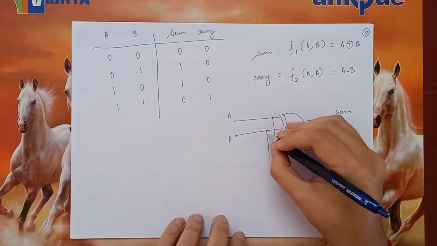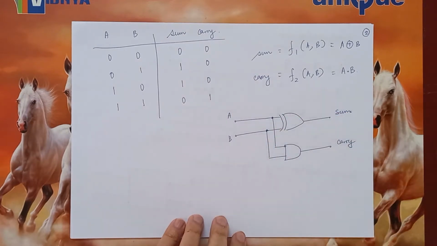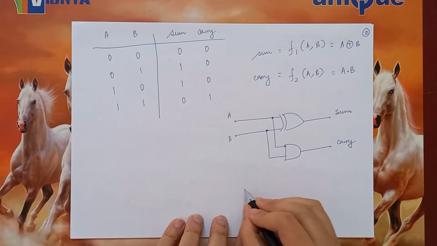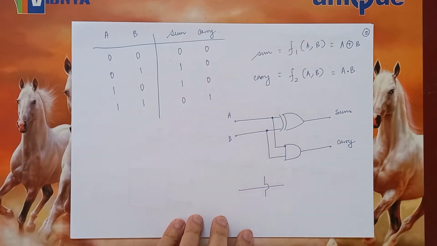One thing to note here is that since I have used dots, these dots indicate connections, and two lines passing over each other, they don't indicate any connection. You can use dots like this. The other way to show them would be something like this, the jumper method, which shows that there is no connection.